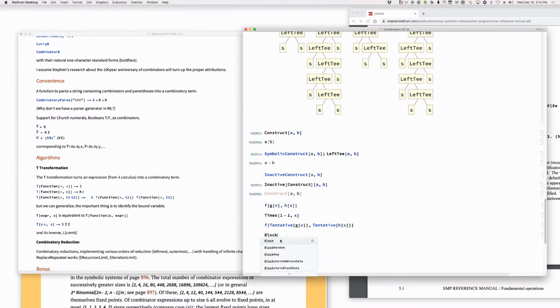Let's say block dollar recursion limit equals 4. Let's define our factorial. I think there is a minimum value. At least 20, okay.